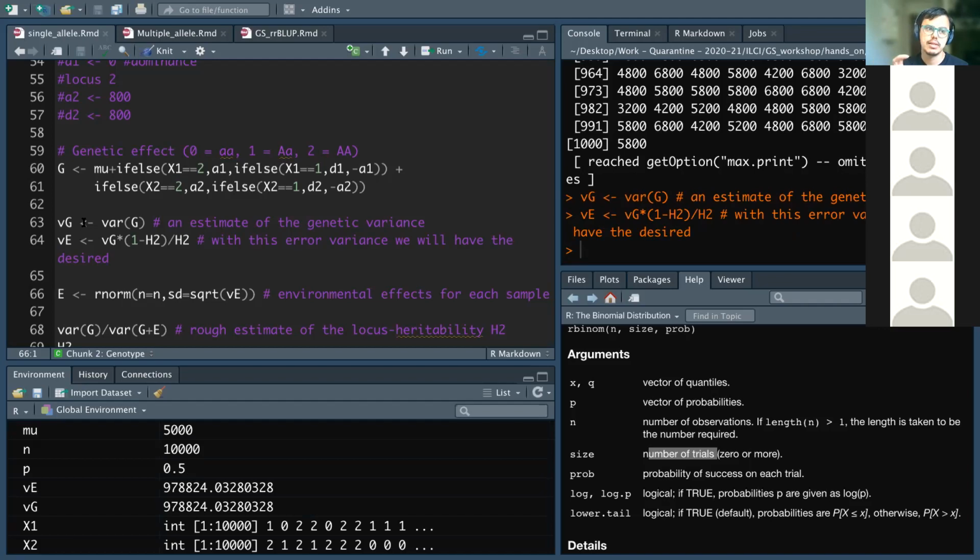That is why this is a broad sense heritability, because we are checking all the variance that is explained by genetics.